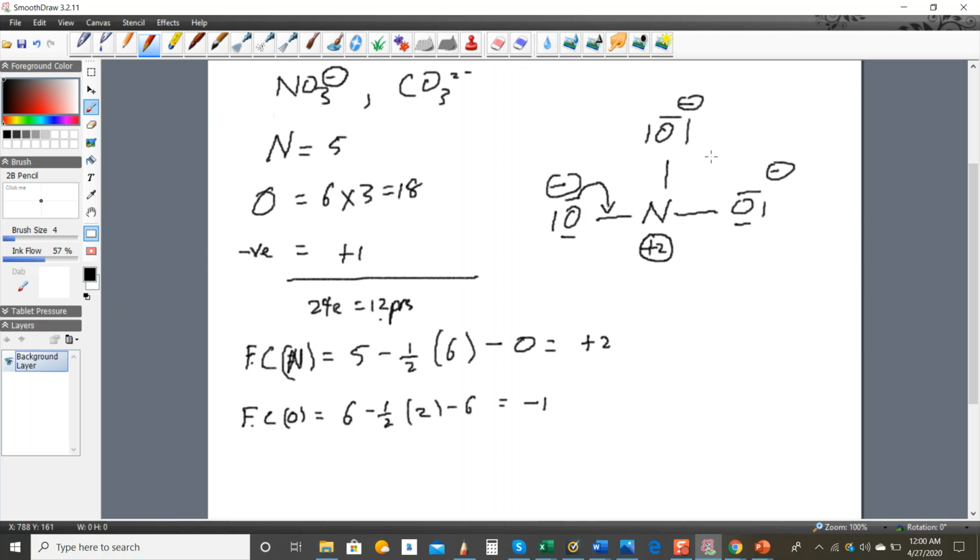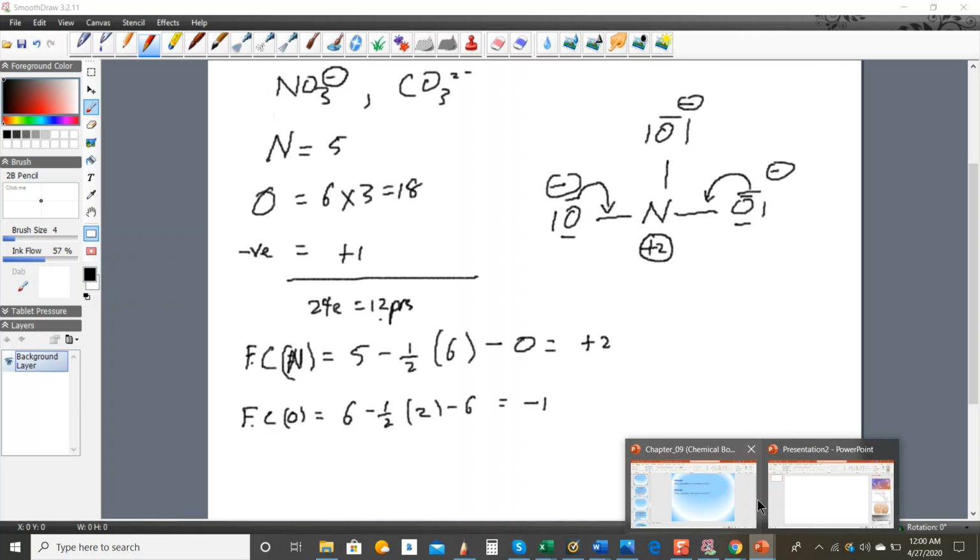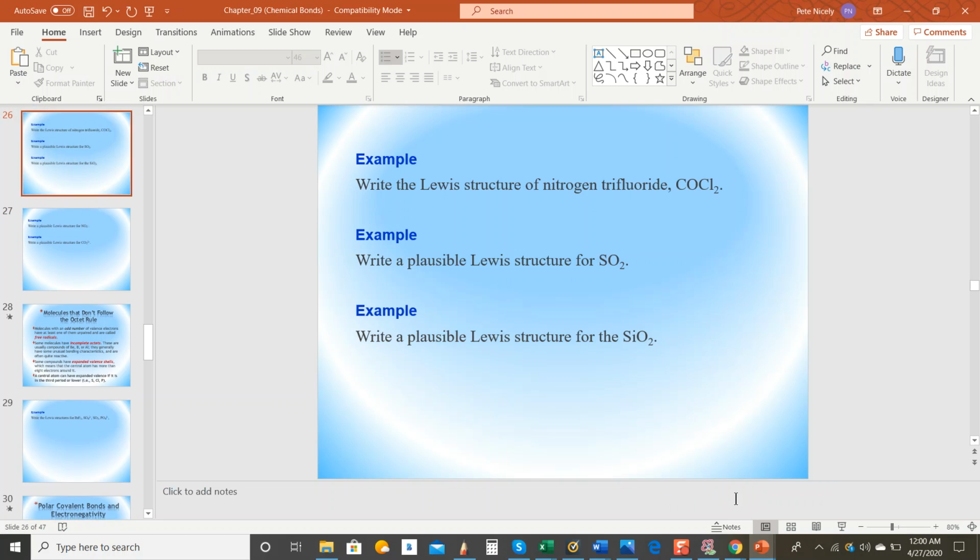Now, I can totally understand at this point, based on what we have learned so far, that you might be tempted to do another similar movement of electrons from, let's say, a pair of electrons here, to form another double bond. But that would be incorrect. And the reason why is because of something we mentioned earlier. Let me see if I can find that slide.